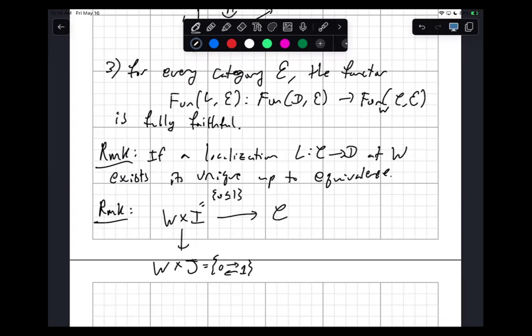I have a map that takes W, which is a morphism in C, and it takes the walking arrow and takes it to that morphism in C. So that's a functor. And here, what I do is I include this map into one of these two isomorphisms here, and then I take a push out.